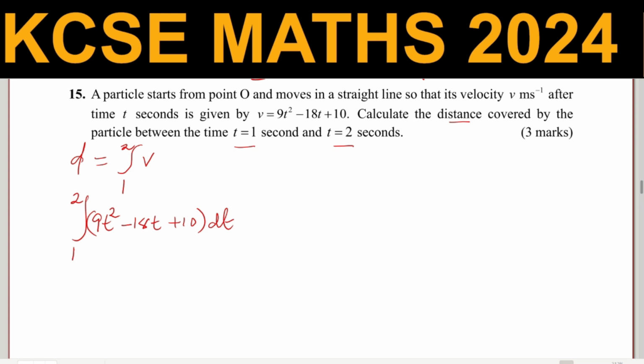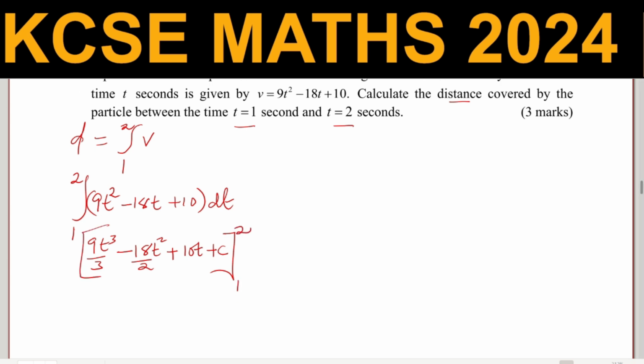So once we integrate this 9t squared, you get 9t cubed divided by 3, minus 18t, integrate that, you get 18t squared divided by 2. Then integrate 10, you get 10t. Then plus the constant of integration. Put the square brackets from 1 to 2.